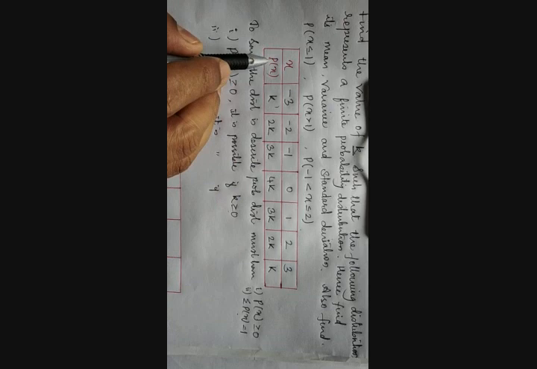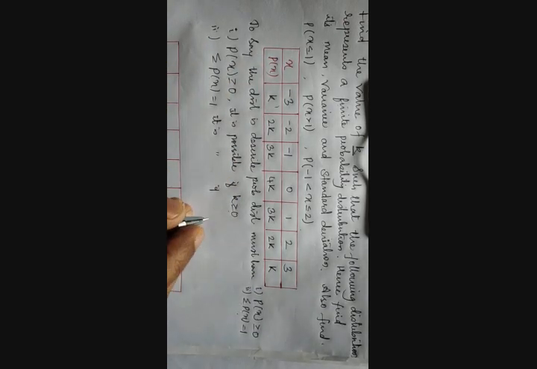Then second one, summation of probability of x is equal to 1. Again, everything depends on k. The first condition is possible if k is positive. The second condition depends on k. Summation of px means the addition of this whole column.